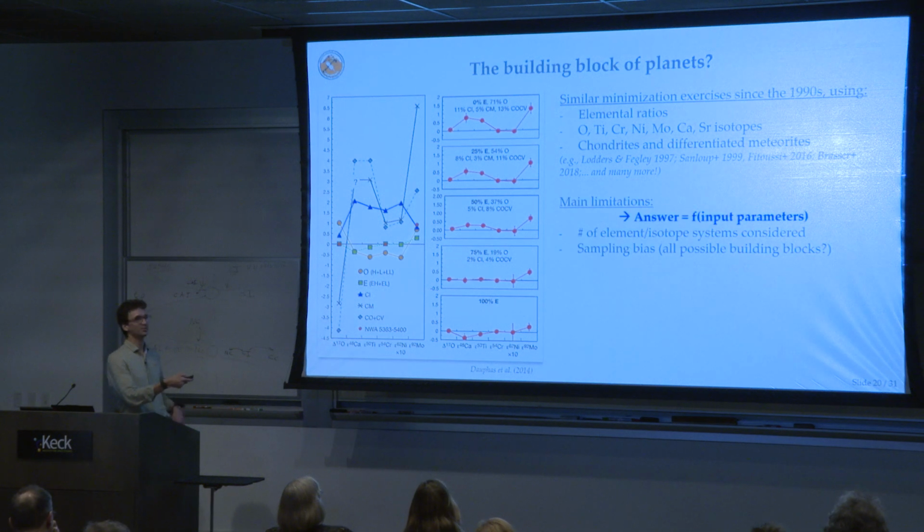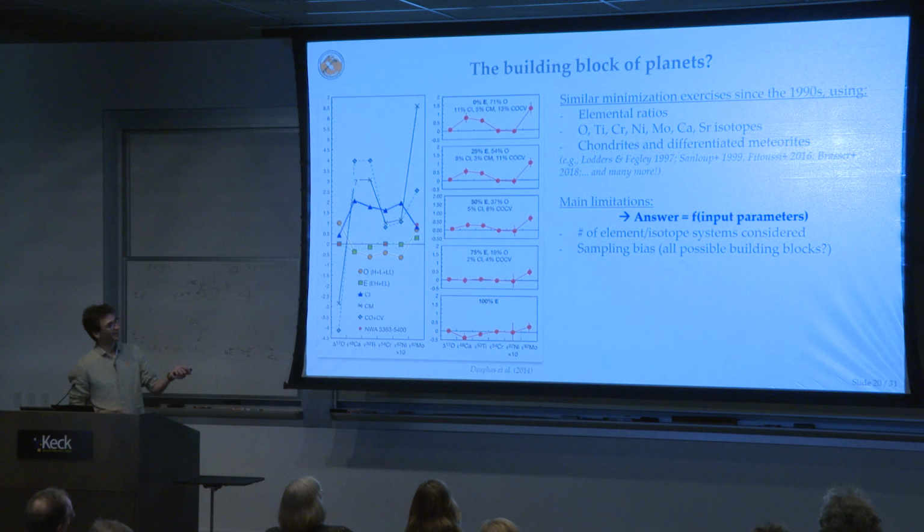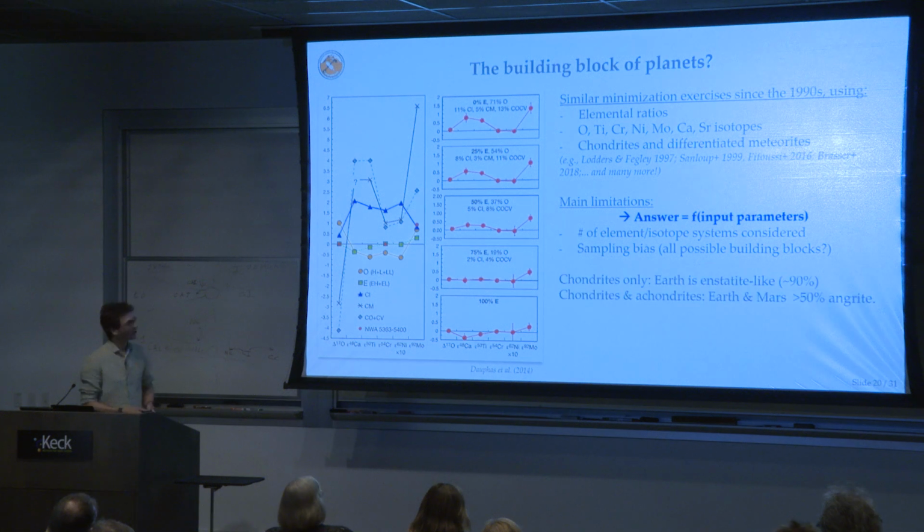The main limitation is, of course, the answer you get is a function of the input you consider. If you consider more or fewer elements, it's going to work more or less well, and then it assumes that you have all the possible building blocks in your hand. So if you only consider chondrites, the Earth has to be enstatite-like.